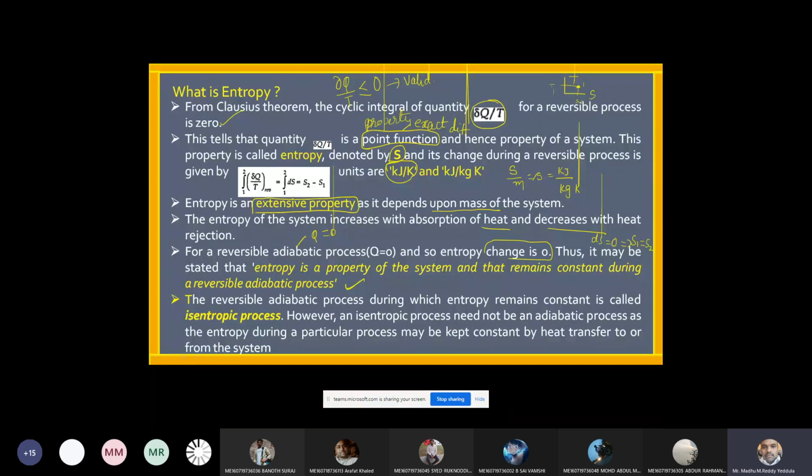Suppose there is no question of addition or rejection of heat, entropy remains constant. That is the case in an adiabatic process. Adiabatic process means Q is equal to 0. When Q is equal to 0, dS is equal to 0. When dS is 0, I can say S1 is equal to S2. So for a reversible adiabatic process, any doubt?